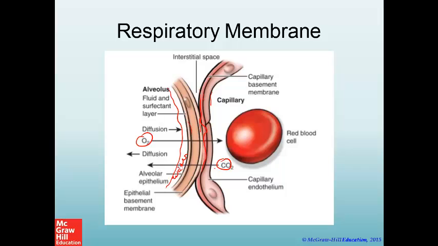But the transfer from a liquid environment to a gaseous environment, or from a gaseous environment to a liquid environment, is much slower. And so what ends up happening is, because of this transfer between alveolar fluid and the blood, you're going to be getting oxygen and CO2 diffusing across that respiratory membrane at the same rate.